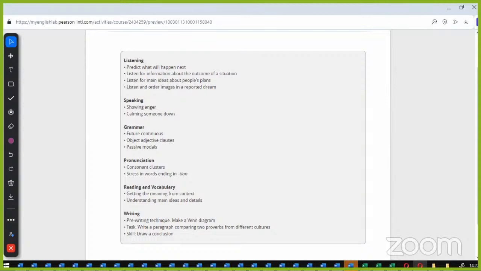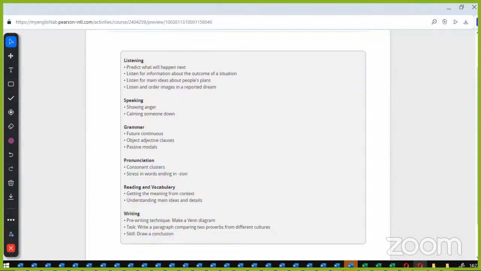Speaking: showing anger, calming someone down. Grammar: future continuous, object adjective clauses, passive modals. Pronunciation: consonant clusters, stressing words ending in -tion. Reading and vocabulary: getting the meaning from context, understanding main ideas and details.